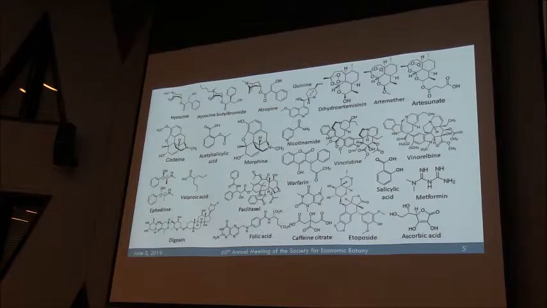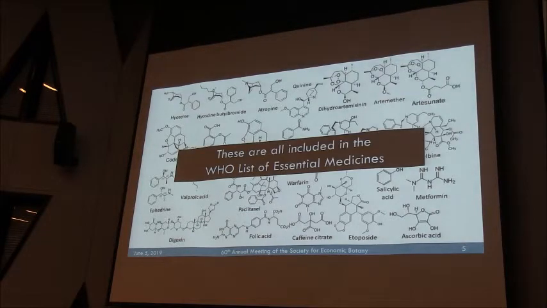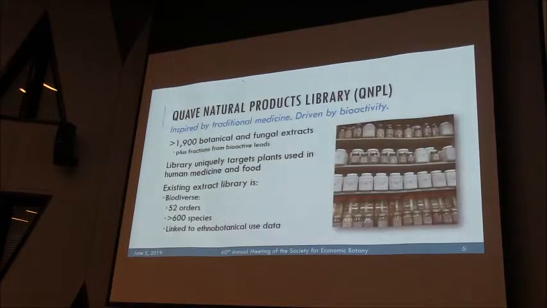These are key medicines that are essential for every clinic to have for the treatment of pain, the treatment of cancer, and for the treatment of cardiac disease, and so on. These all came from plants. So this idea that going back to nature is strange or not the usual way of discovering drugs is absolutely not true. This is how we have always found the majority of our drugs in the past.